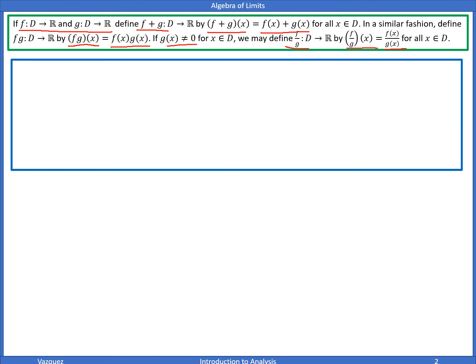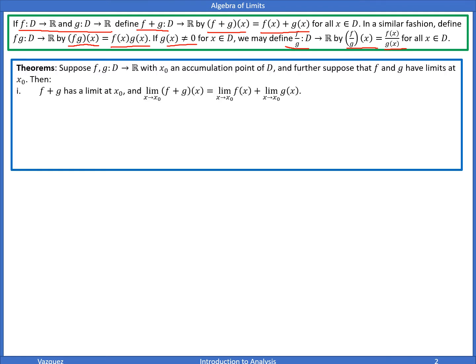Now we have the three theorems, so I'll go one by one. Suppose f and g map D to R with x naught an accumulation point of D, and further suppose that f and g have limits at x naught.